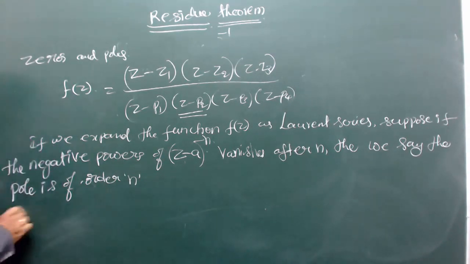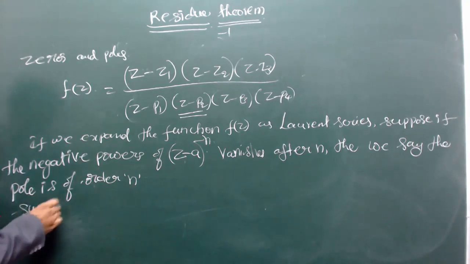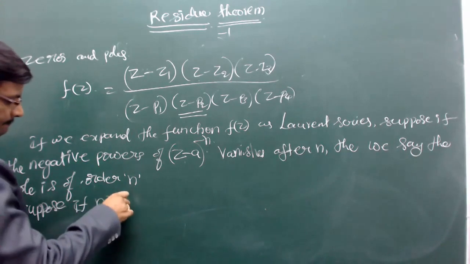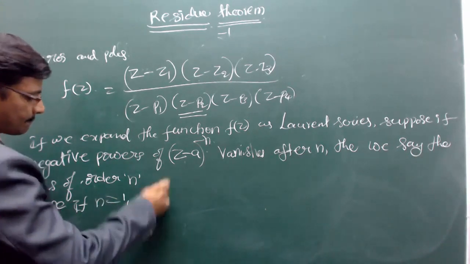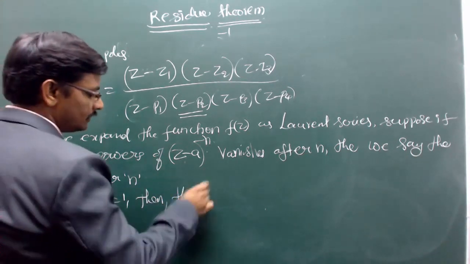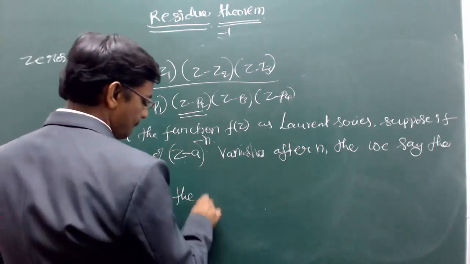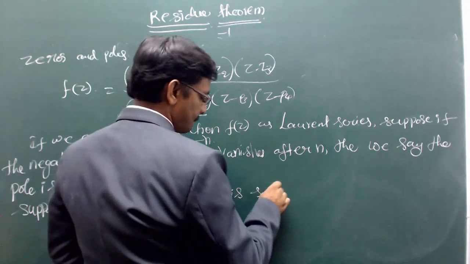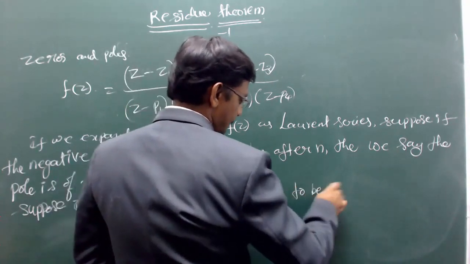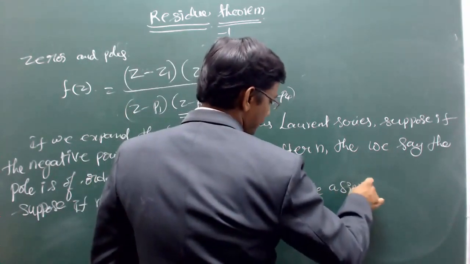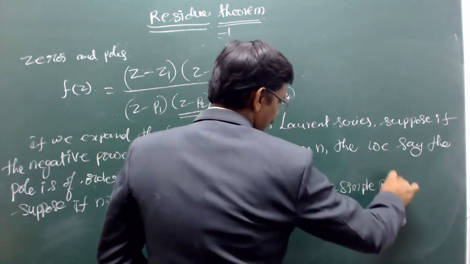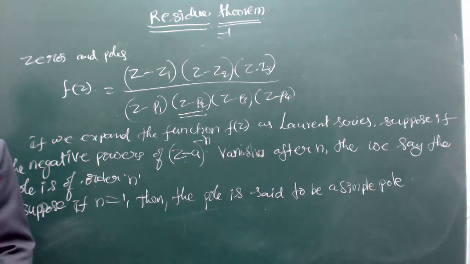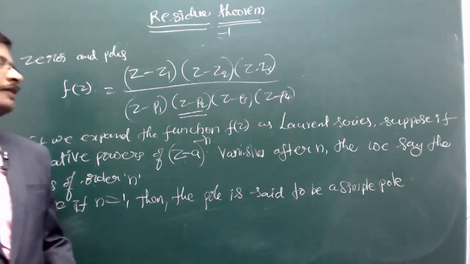Suppose n is equal to 1, then the pole is said to be a simple pole. So there are two different kinds: pole of order n and simple pole.